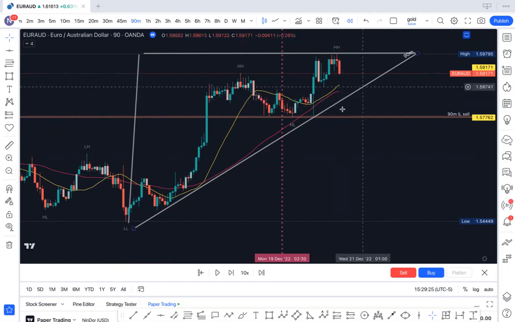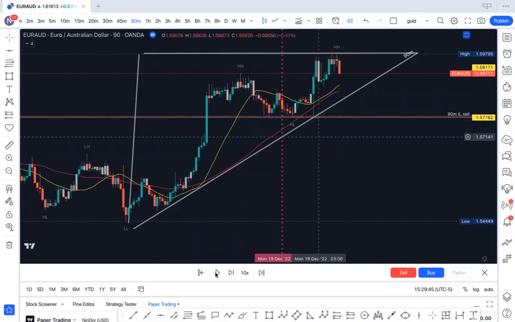This is our defense. And then we're looking for it to violate this impetus level. We're looking for a candle to pierce through and close at this impetus level to confirm that we will set in a position for a sell. So let's play this out.